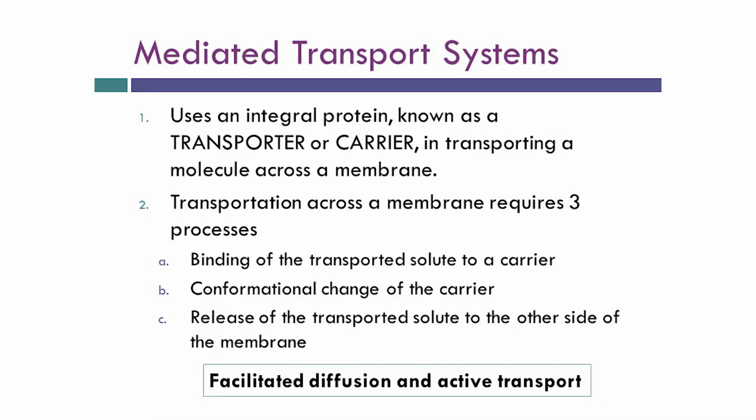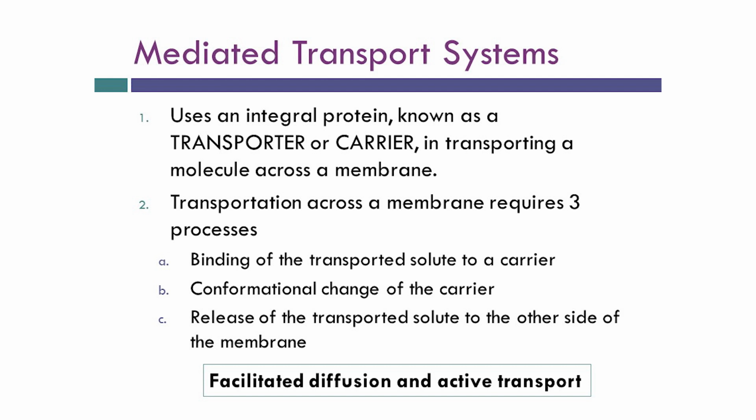We go first to the mediated transport system. It uses an integral protein known as transporter or carrier in transporting a molecule across a membrane. Transportation across a membrane requires three processes. Take note of this, it's very important. Binding of the transported solute to a carrier, conformational change of the carrier, release of the transported solute to the other side of the membrane.